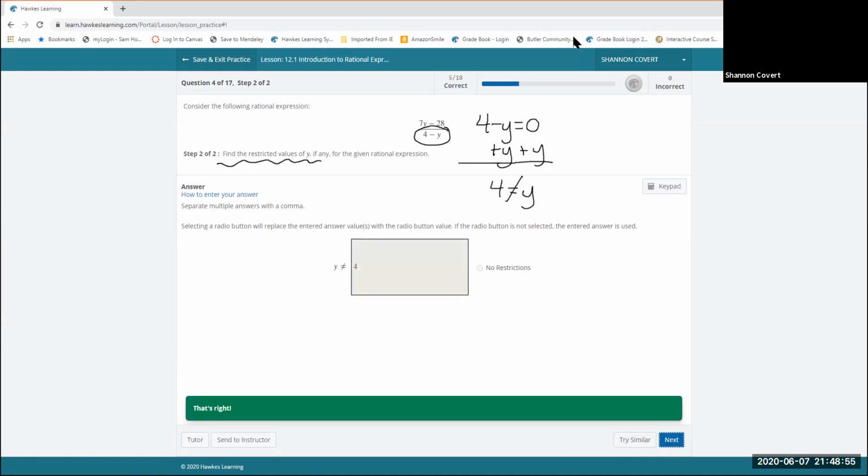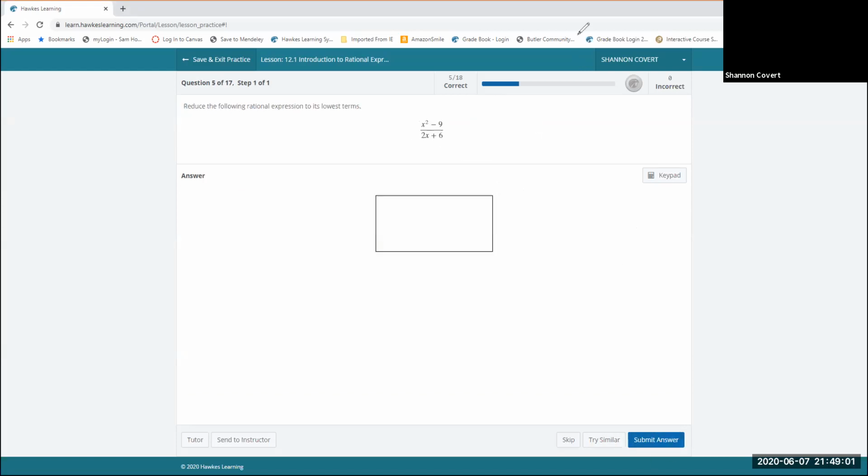Now I'm going to come up here and clear my drawings and move to the next problem. So this time it's asking me to reduce the following rational expression to its lowest terms. So I'm going to factor numerator and factor denominator. The numerator is a difference of squares, so that's going to factor into x minus 3 and x plus 3.